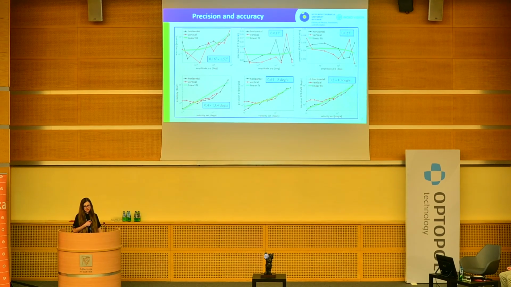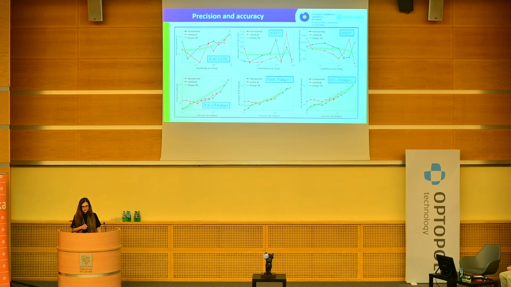For a stationary object, the precision is relatively constant and is equal to 0.037 arc minutes or 0.025. And for a moving object, this precision changes, and here we can see the minimum value.